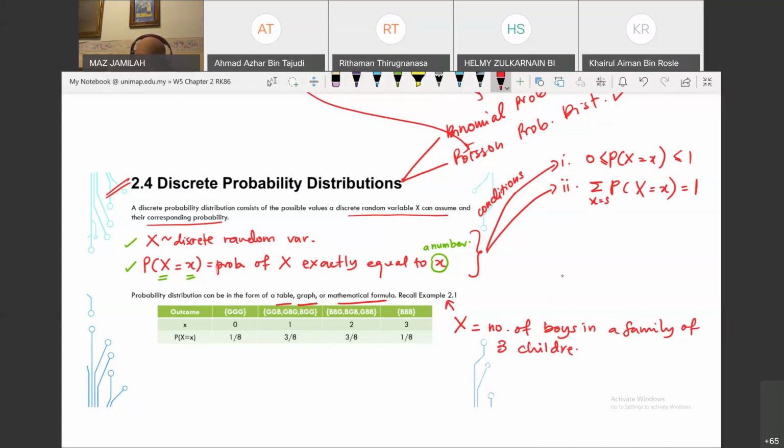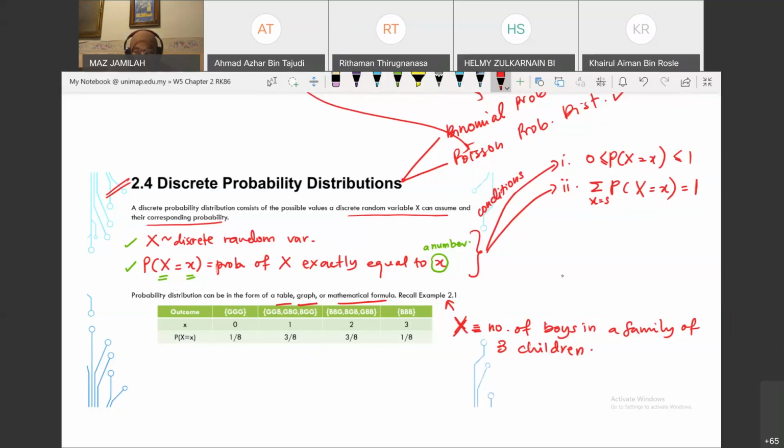This is very important. This capital X is our random variable, defined as the number of boys in a family. The number of boys could be none at all, or at most 3 boys in a family.